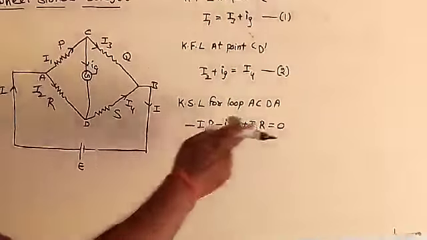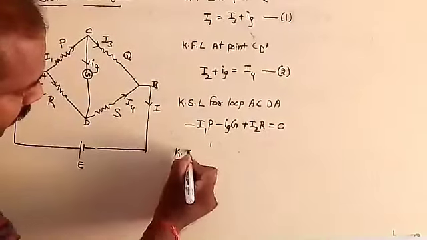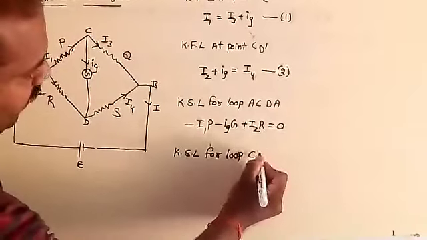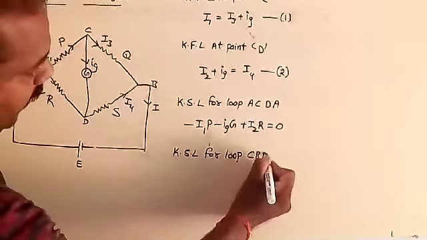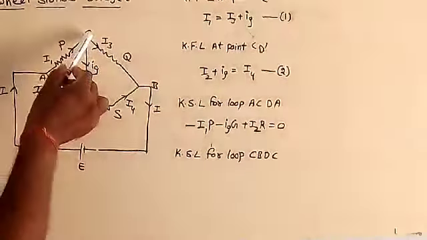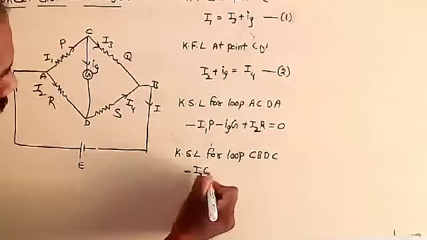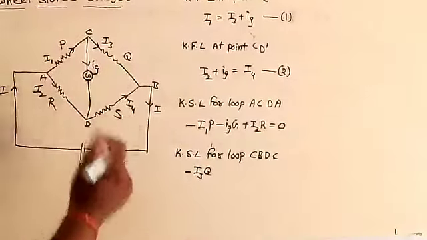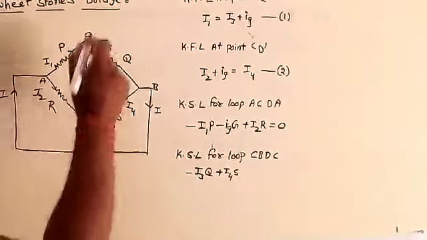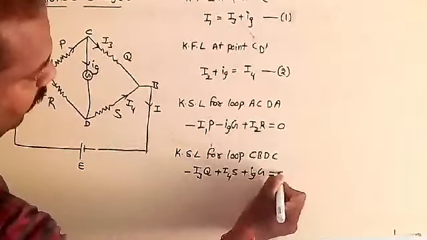Again, I can apply Kirchhoff's second law for the loop C, B, D, C. Now, once again, C to B is in the direction of current, so it will be I3 Q. B to D is opposite, so it will be plus I4 S. Again D to C is opposite, so you will get plus IG G, all equal to 0.